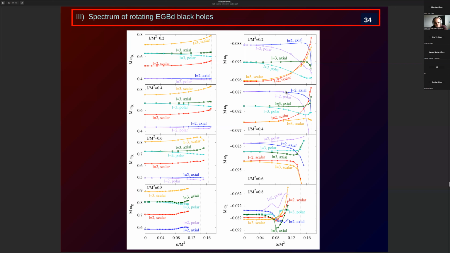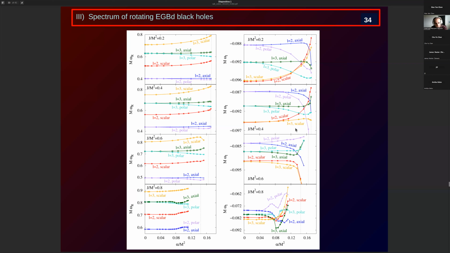But as you can see, if you go closer to the critical line, what happens is that the curve of the L equals 2 scalar modes crosses the axial mode. So you have a region of the parameter space for which the L equals 2 scalar modes are dominating. The damping time is longer, if you want, than the metric modes, both the axial and the polar, you see. And now you can start to study how that works with the different values of the angular momentum and coupling constants, okay?